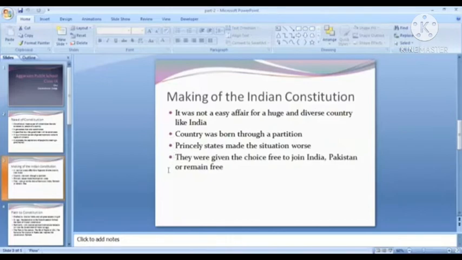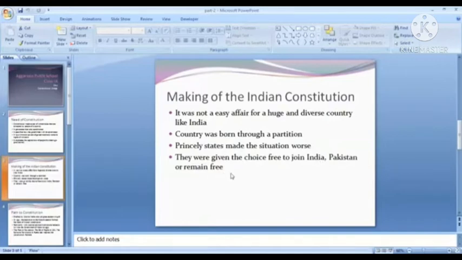Mean those areas in India where the local rulers ruled, and these princely states also made the situation worse because the Britishers provided them the opportunity. They were given the choice by the Britishers, free to join India, Pakistan, or remain free.